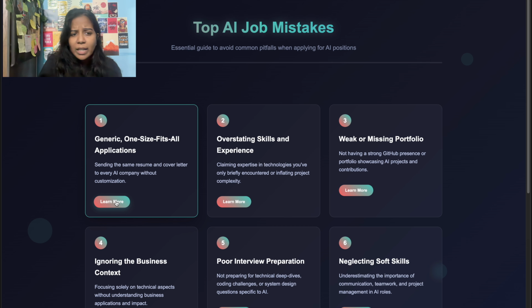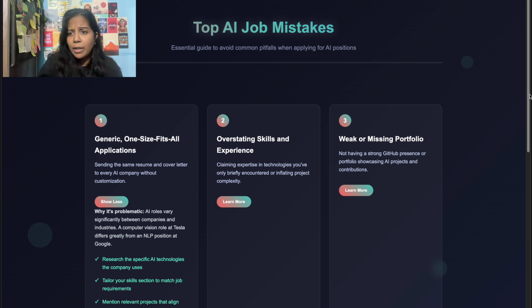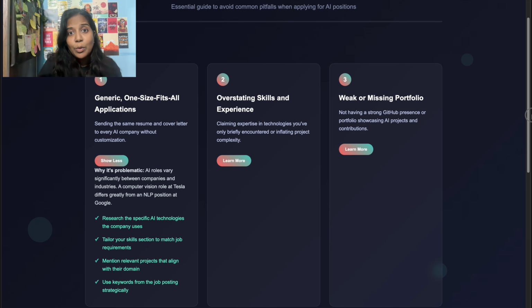So it would be useful for anybody who is searching for a job and couldn't get shortlisted. For them it will be useful. So the first mistake, and it is a common mistake everybody makes, even including me, is having a generic resume for all the roles. We have projects that we did, right?